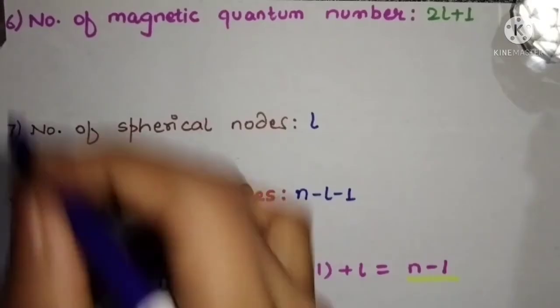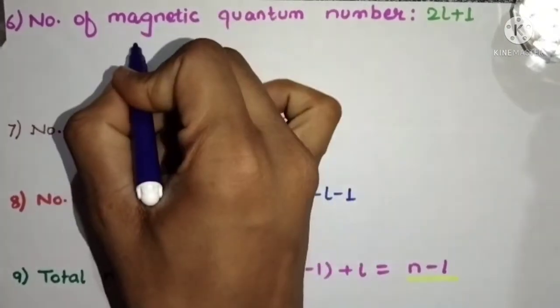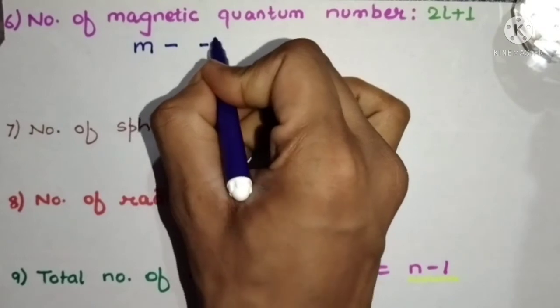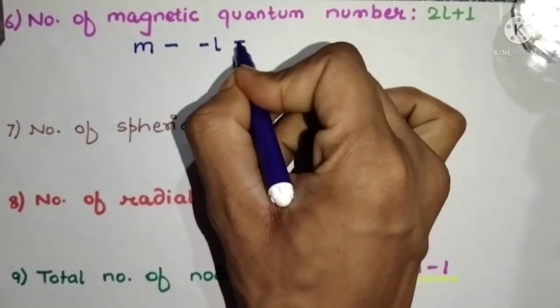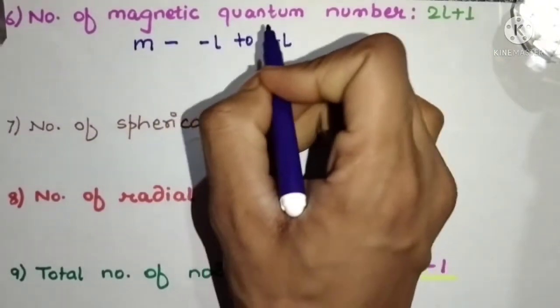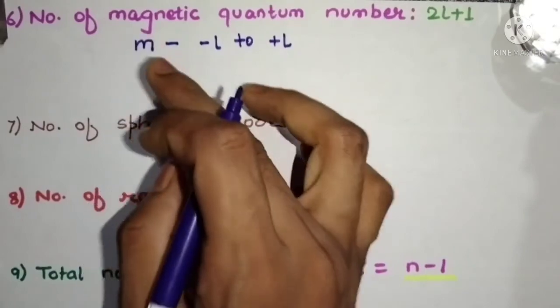Now the next one is the magnetic quantum number. Magnetic quantum number, that is the M value, which ranges from minus L to plus L value including 0. So L is the subshell, and M is the orbitals.